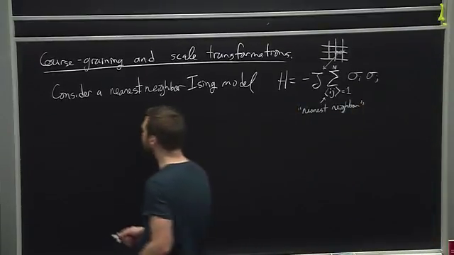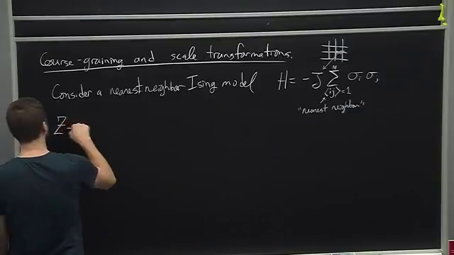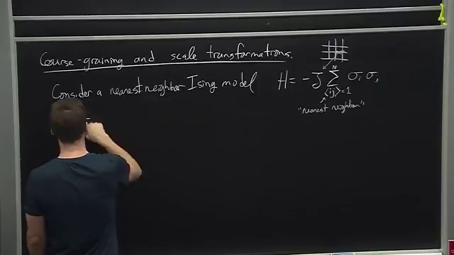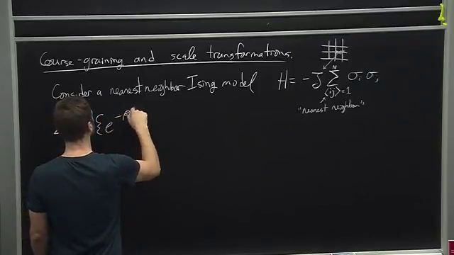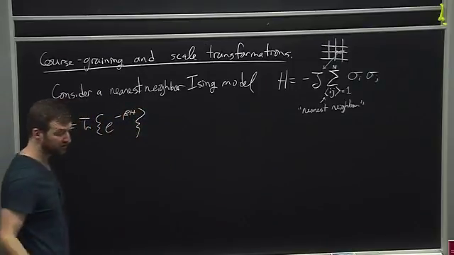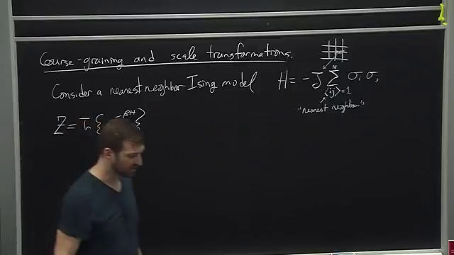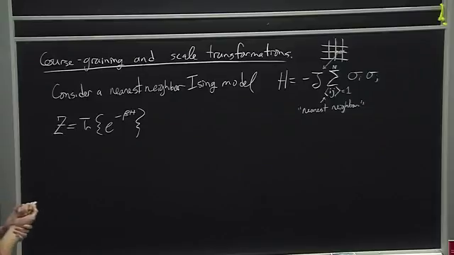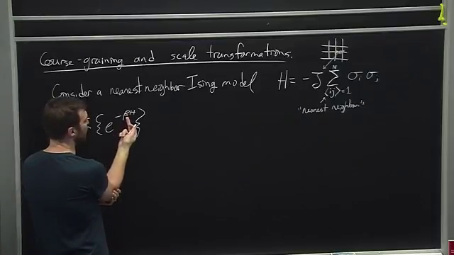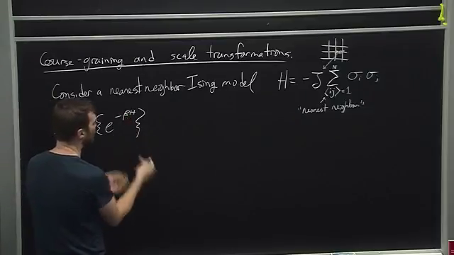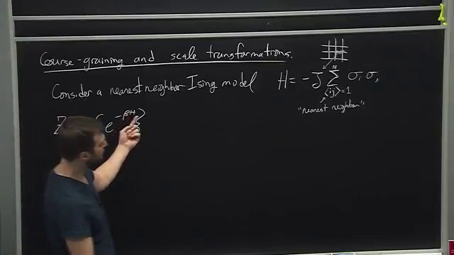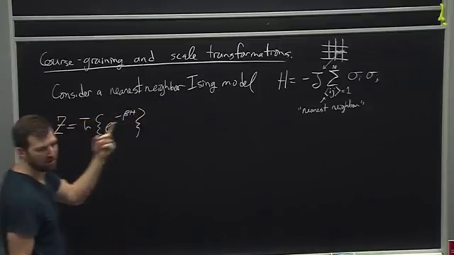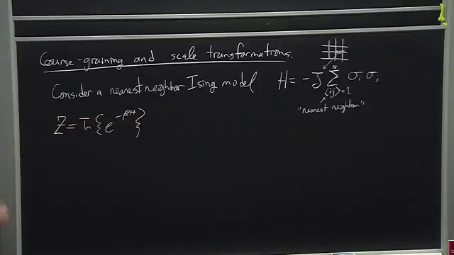For the purpose of the renormalization group, since we're looking at the partition function, e to the minus beta H, if normalized correctly, this beta was just 1 over the temperature. We're going to absorb it into the effective coupling in front here, J. So this will make sense.